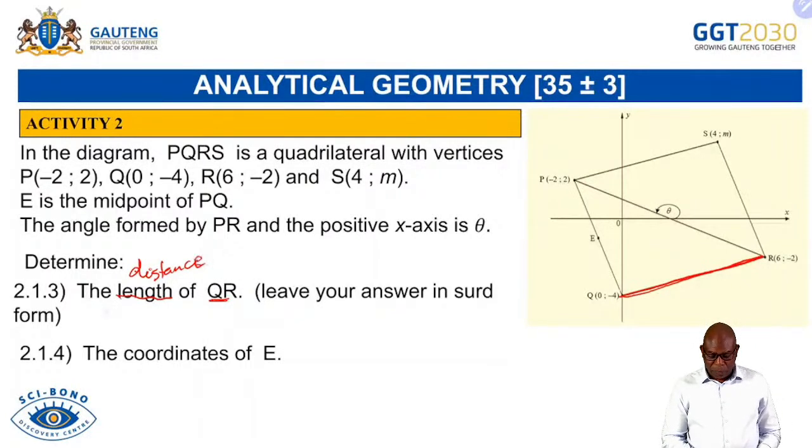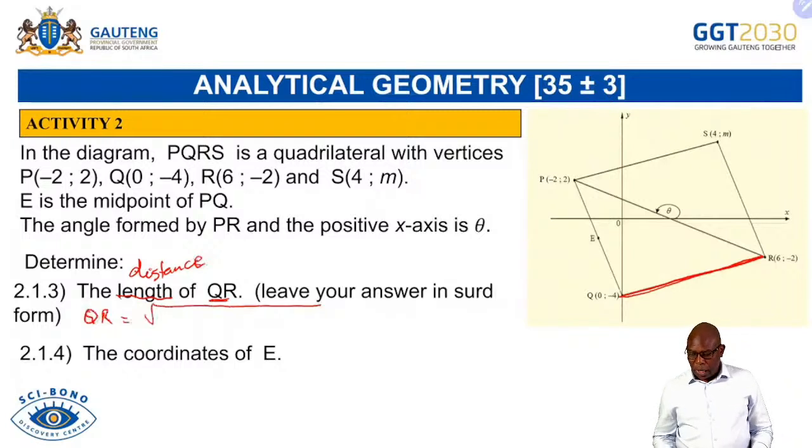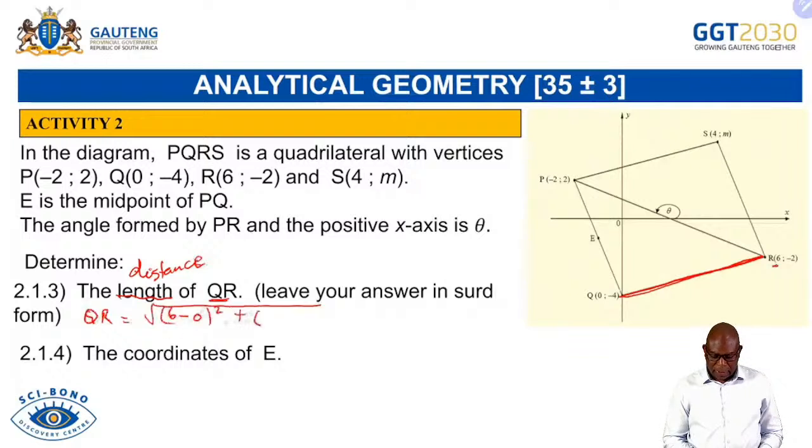So the distance formula for QR, I just write QR is equal to the square root of. So then you just substitute. So now I'm going to start with a 6 here with the R. So I'm going to say 6 minus 0. I must square this plus. Then I've started with the 6, so I'm going to start with the 6 there.